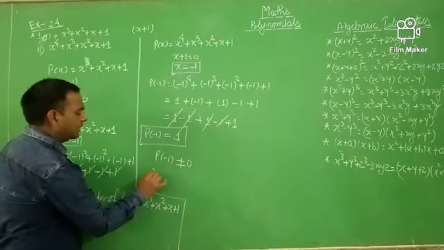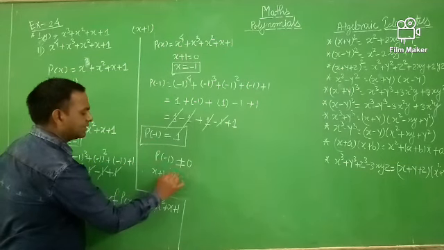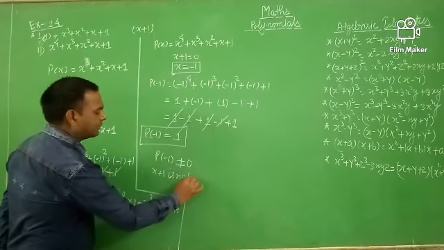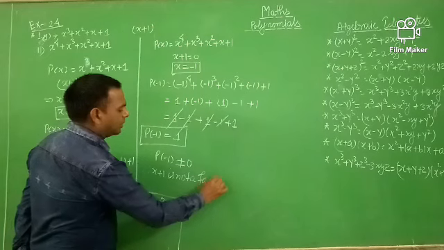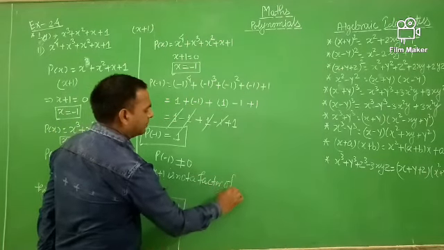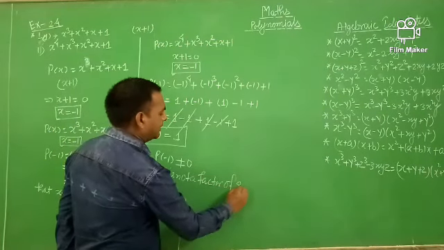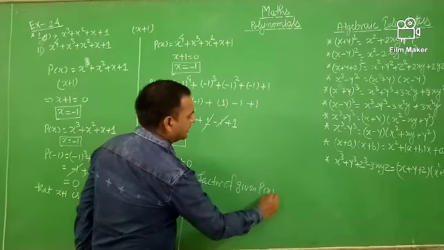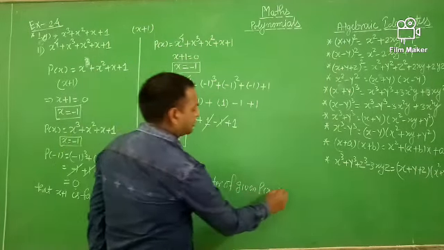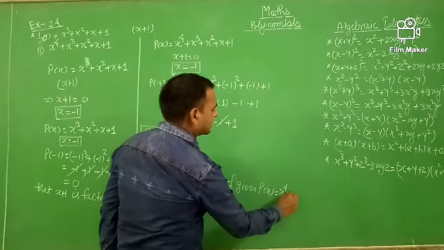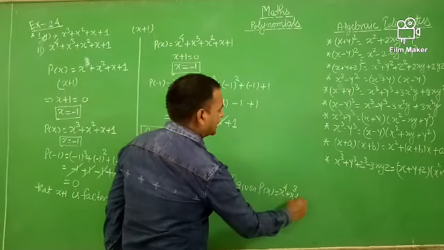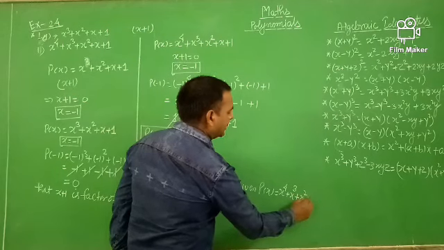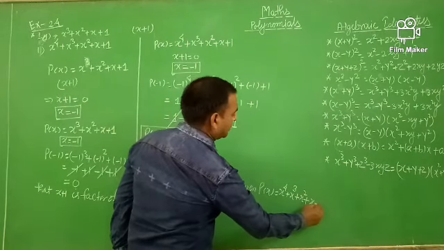Therefore x plus 1 is not a factor of the given polynomial p(x) is equal to x to the power 4 plus x cube plus x square plus x plus 1.